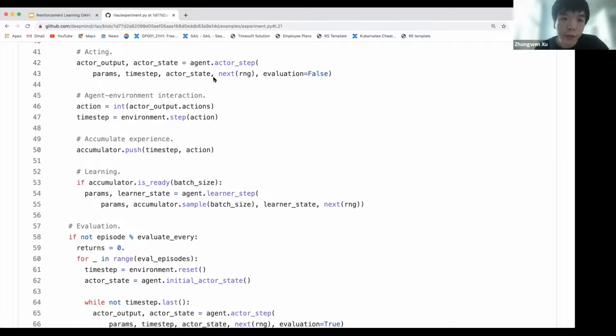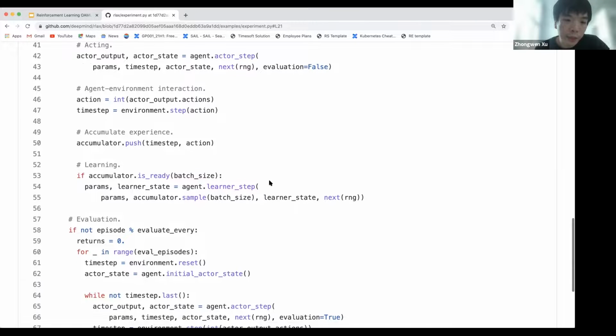So here, instead of the actor step, it is called the learner step. The learner step basically updates the parameters of the agent to new parameters. And the input to the update is sampled from the replay buffer. So it's really implementing what we have just been talking about in the DQN paper, right? You sample a batch of transitions from the buffer, then perform the learning.